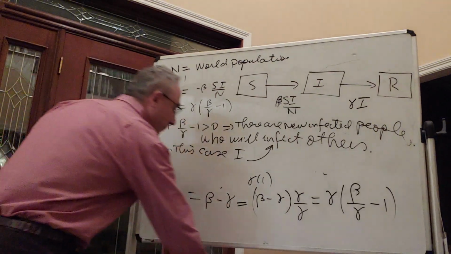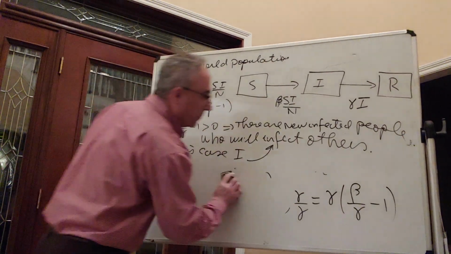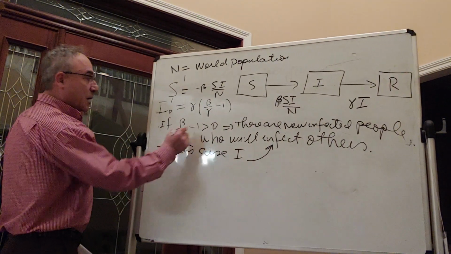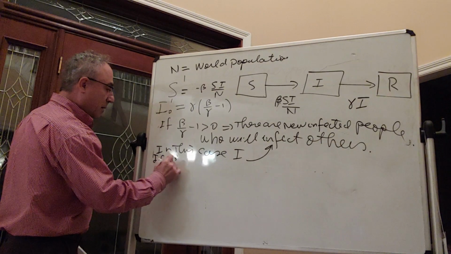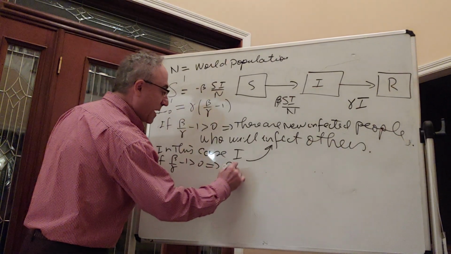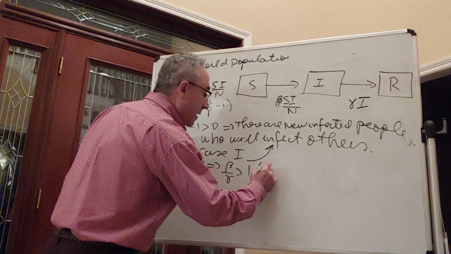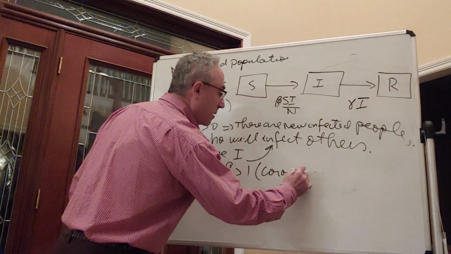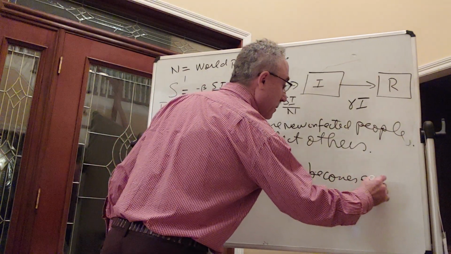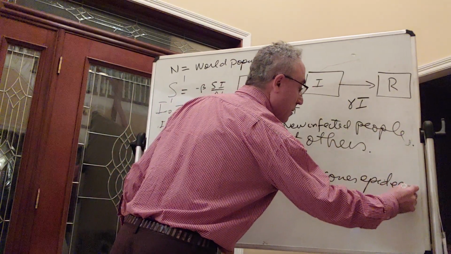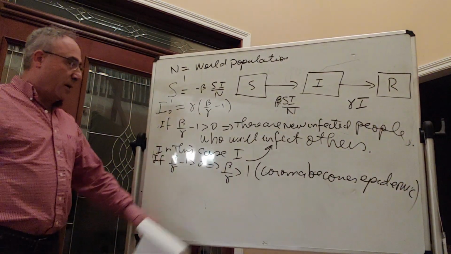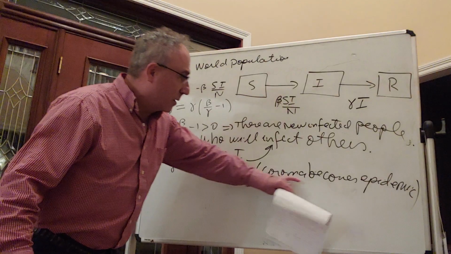So, we decided that. If beta over gamma minus 1 is positive, that implies beta over gamma is bigger than 1, then corona becomes epidemic.